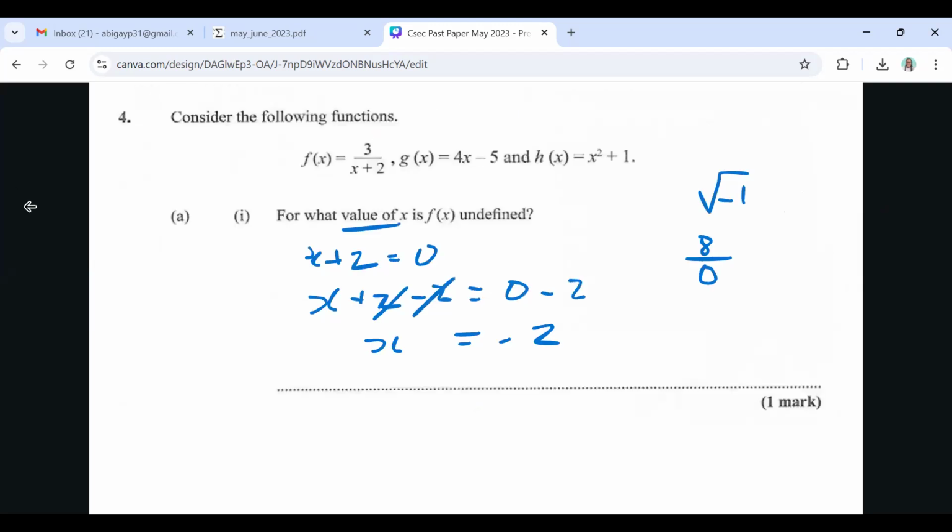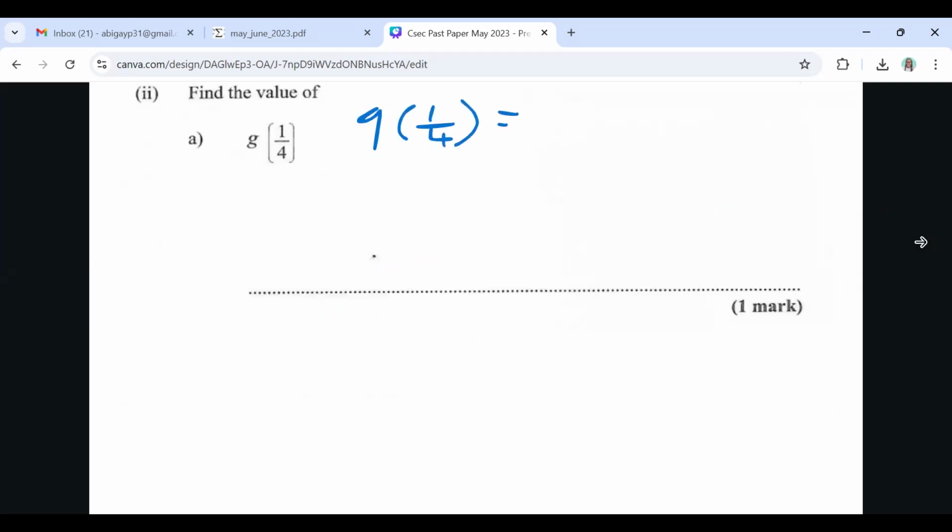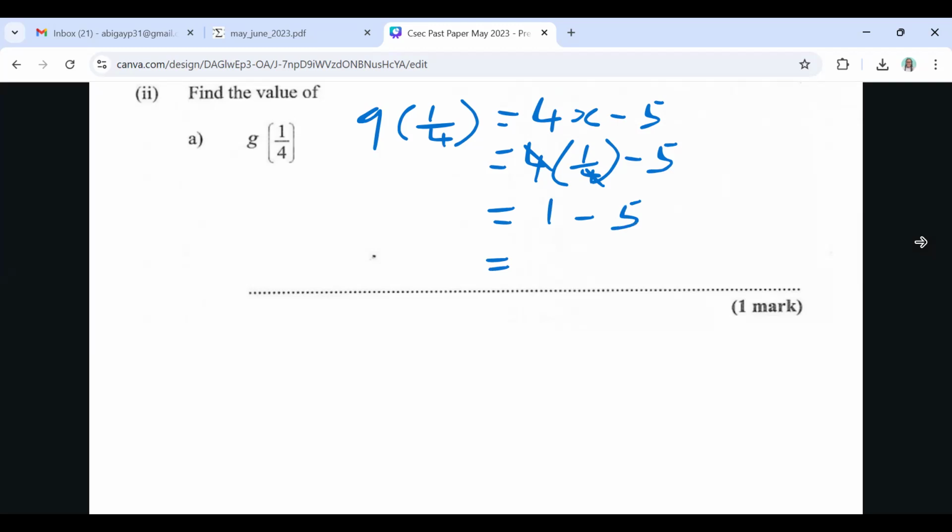So we use this formula, 4x minus 5. So 4 times 1/4. Now we know that this cancels this, leaving just 1 minus 5, which equals -4. That's our answer there.